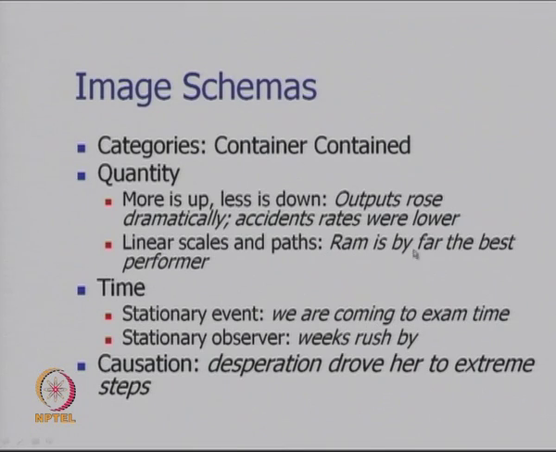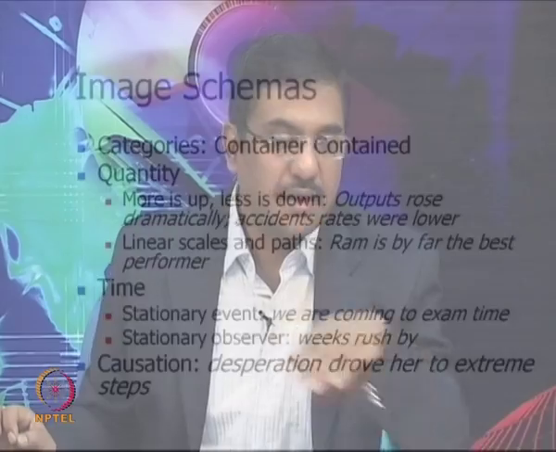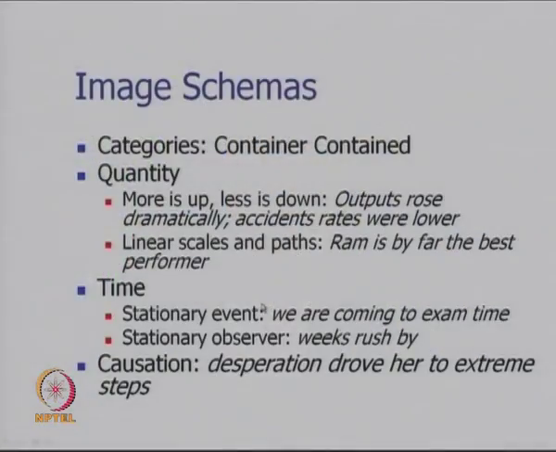So, when we say Ram is by far the best performer, we have in our mind an image of a race where Ram is ahead, much ahead of others in a particular situation. So, a correspondence is established between a race and the situation being compared.